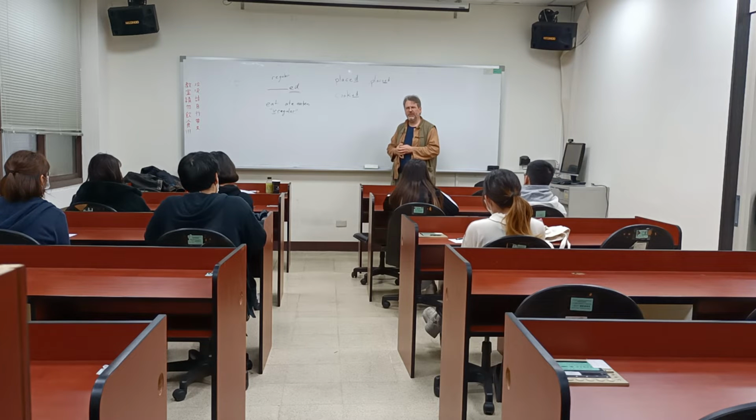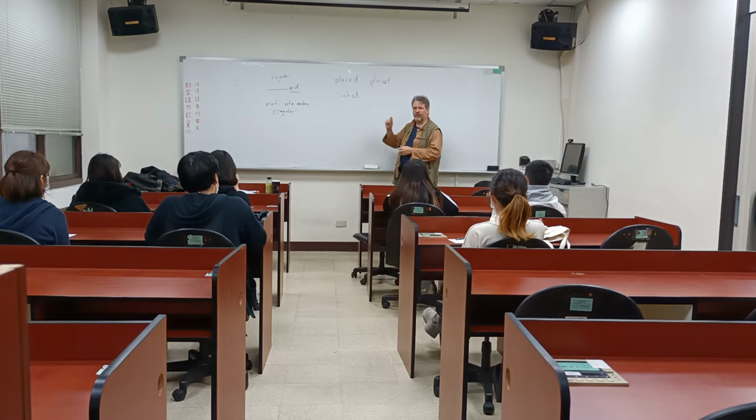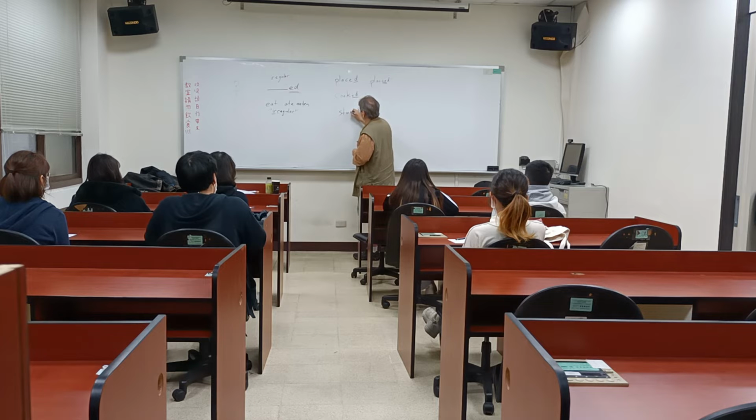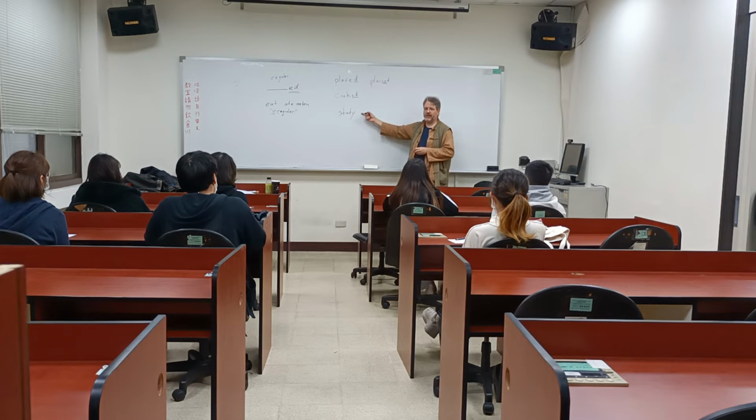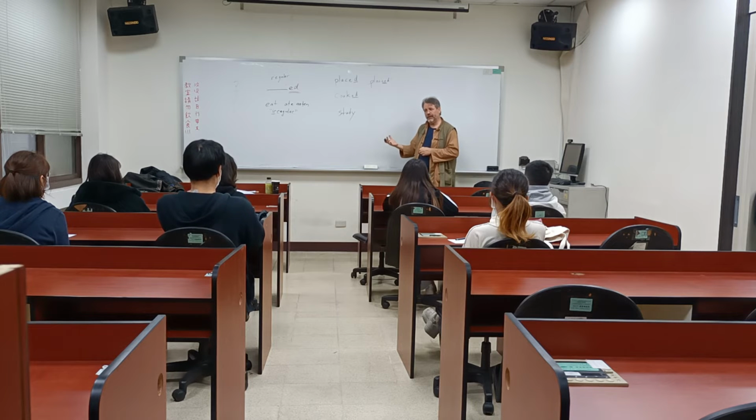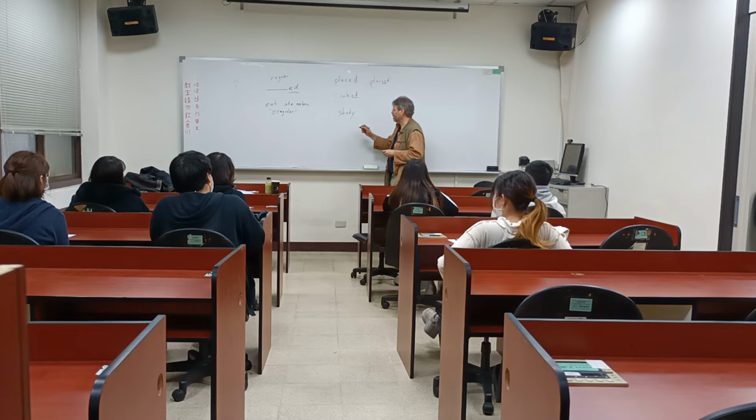Verbs that end with U, same problem. So most of the time our verbs don't end with vowels, but they might end with a Y. So the problem here is that when we end with a Y, we can have two different ways that we use the Y.